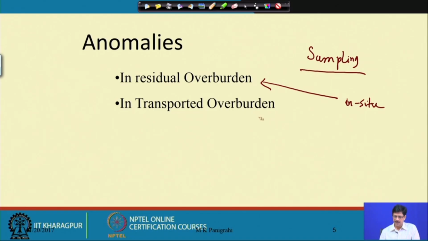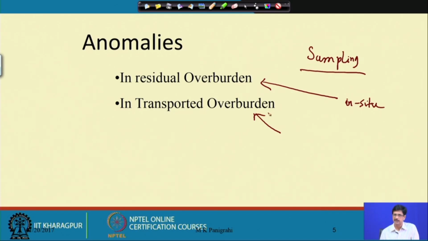The other type of soil that we might see in any particular area could be transported overburden, and this actually is a tricky affair. Whenever we are analyzing a soil sample from an area for interpretation in terms of a geochemical anomaly to detect a hidden ore body, it definitely depends on whether we have sampled the residual overburden or the transported overburden.